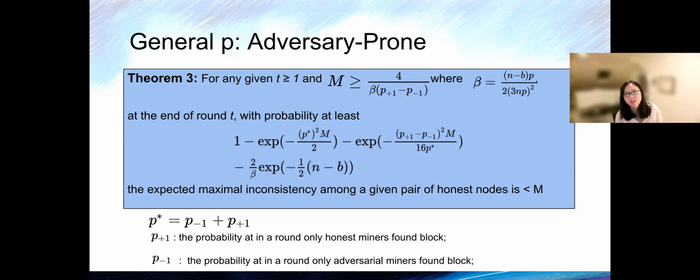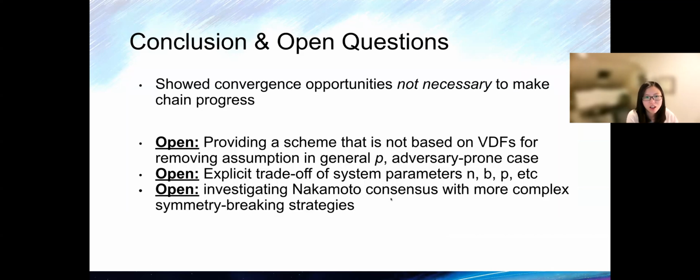Unfortunately, a lot of trade-offs are hidden inside this expression. In the future, we want to push out the explicit trade-offs between the system parameters such as NP and P in the adversary-prone theorem. We also want to provide a scheme that is not based on VDF to ensure the assumption that in each round a chain can be extended by one block only, so that blocks in a given round cannot build on top of each other.